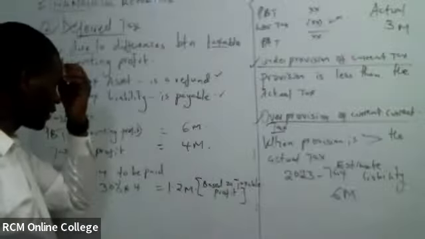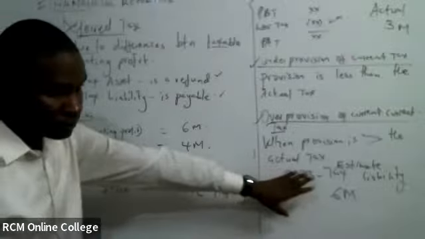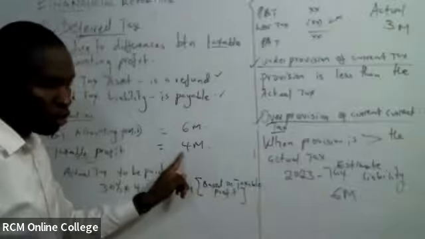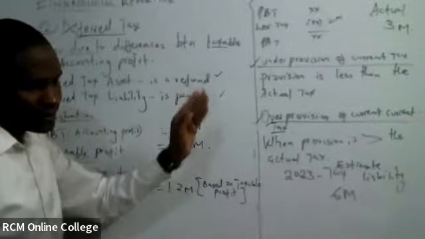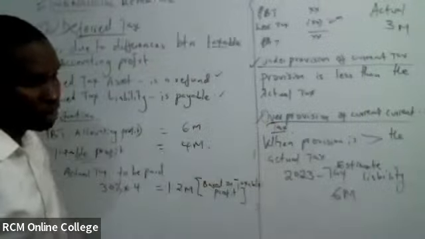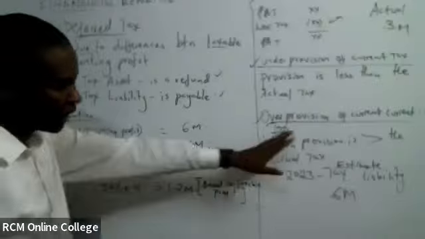I've just referred to what we had. I go with our 6 million, and now 4 after deducting the over provision of 2 million. You get? So I go with that 6.